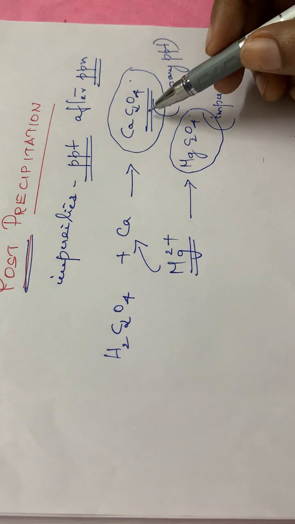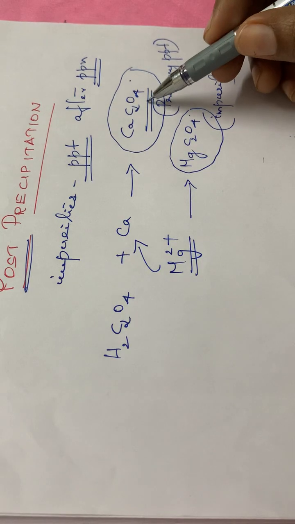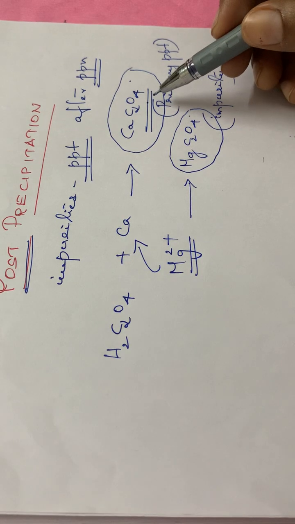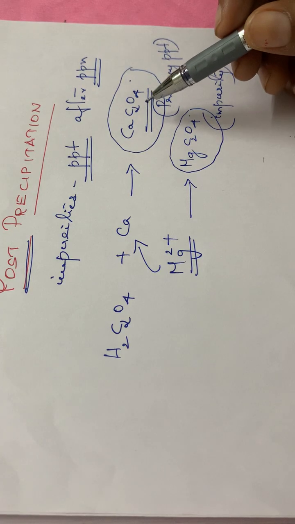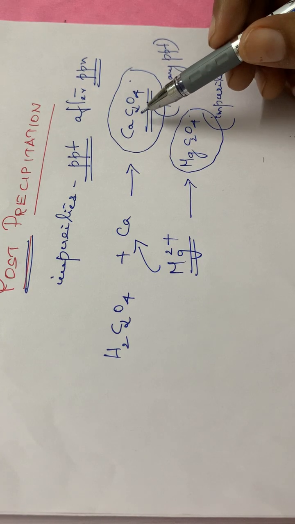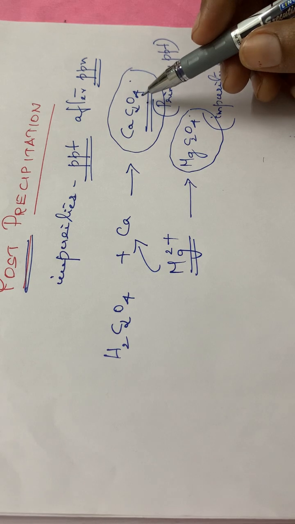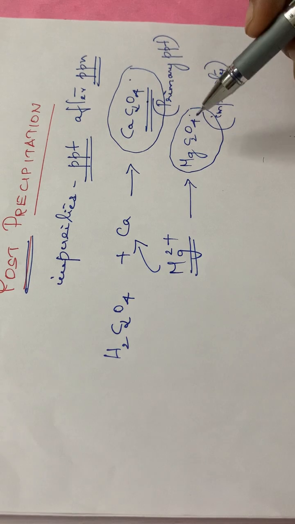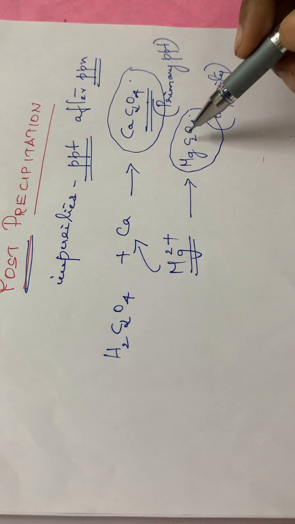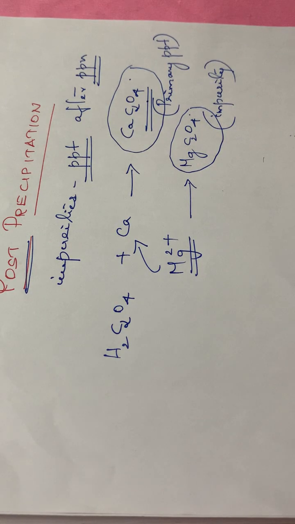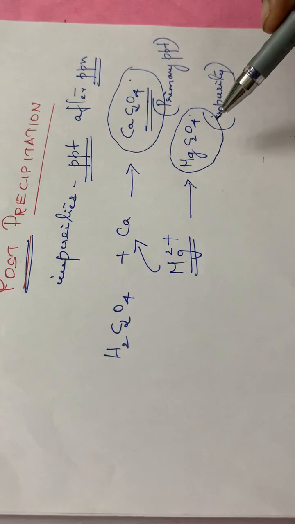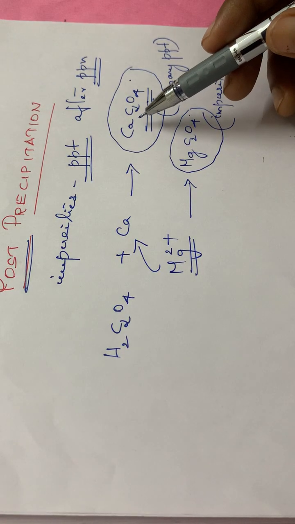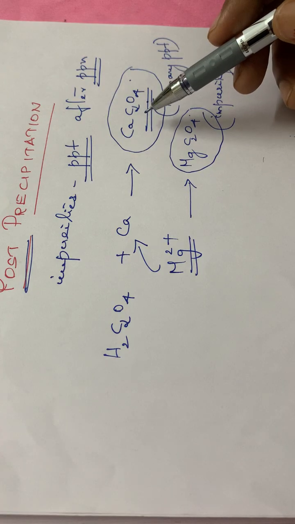While we are taking the weight of the calcium oxalate, we need only the calcium oxalate, the amount of calcium present in that solution, since we are estimating the Ca2+ ions. But along with the calcium oxalate, we will also be taking the weight of magnesium oxalate, so the estimation value will go wrong.